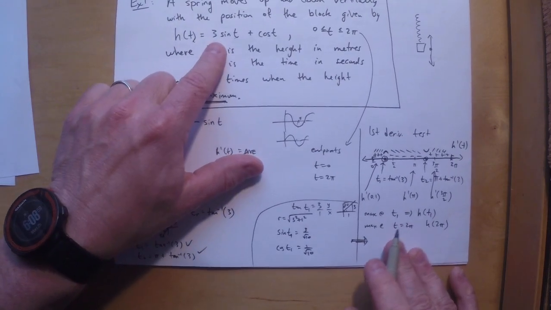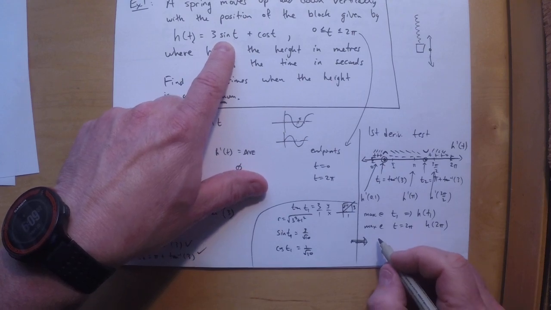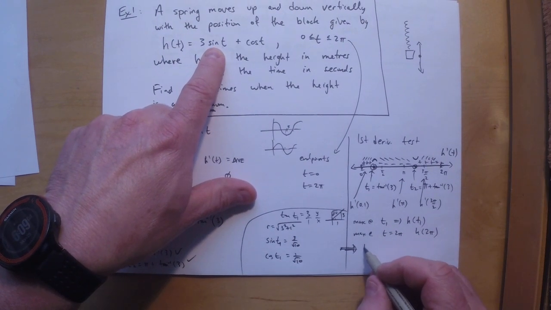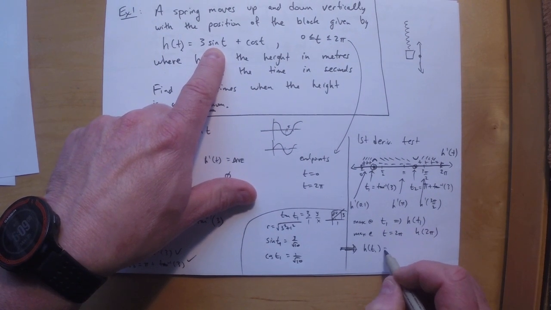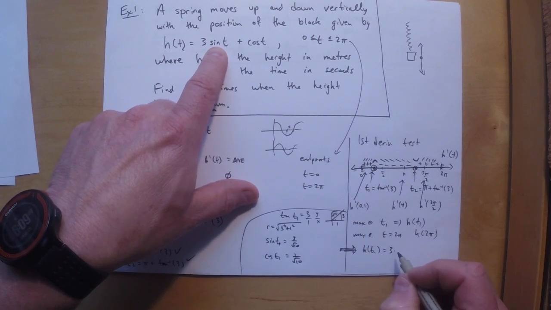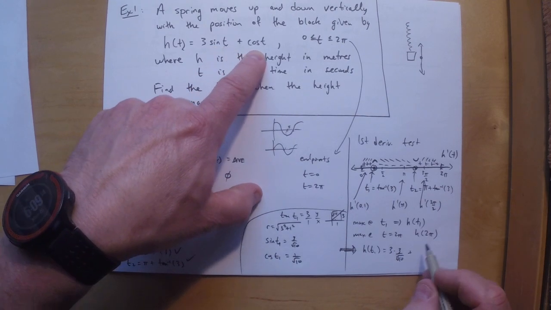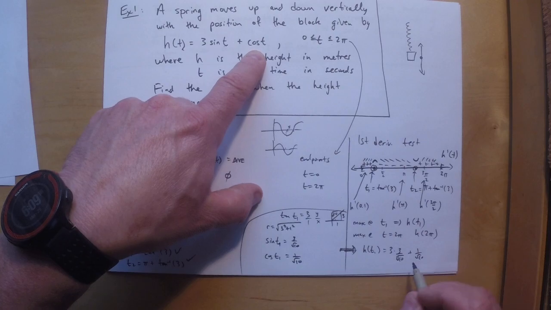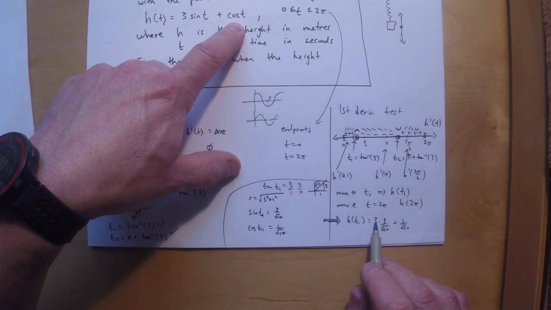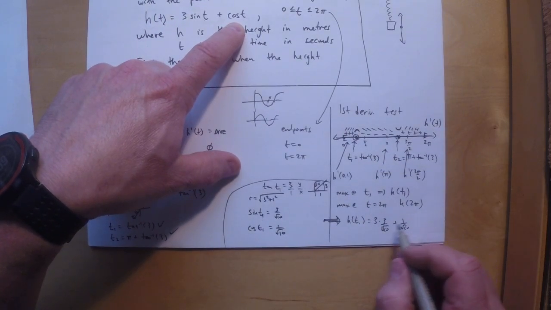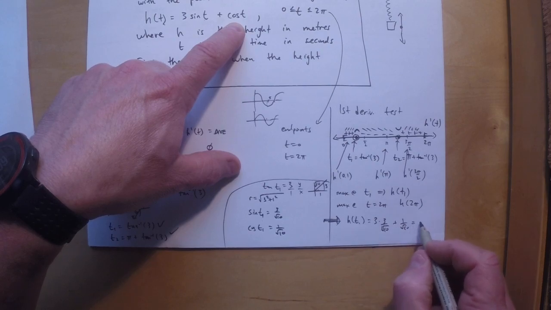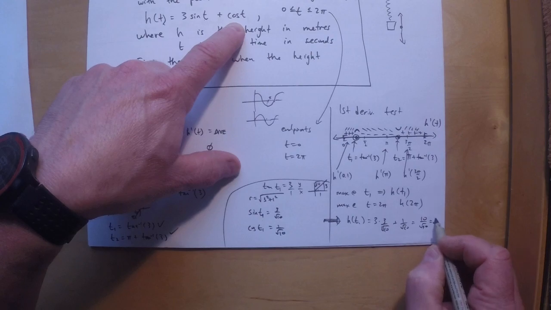So if I wanted to go back to the original function, if they wanted me to actually give you the height here, height of T1 would equal 3 times 3 over root 10 plus 1 over root 10. And that would end up giving me 9 over root 10 plus 1 over root 10, which would equal 10 over root 10, or root 10.